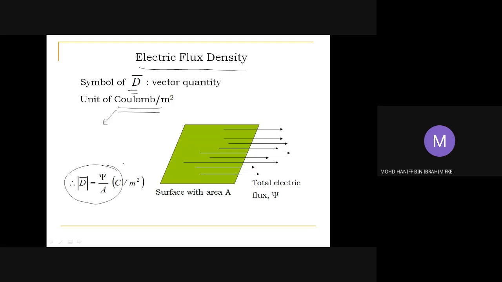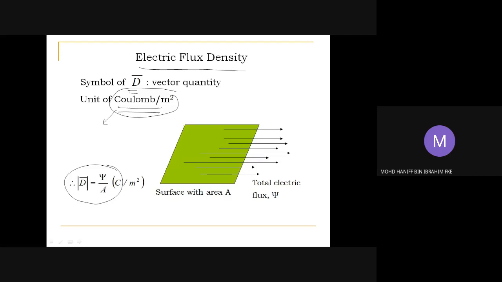I repeat again, the unit of flux density D is coulombs per meter squared. Coulomb is a unit of charge, or in other words, a unit of flux. So the flux density D is related to the flux psi E by this equation, where D equals the flux amount divided by the area.